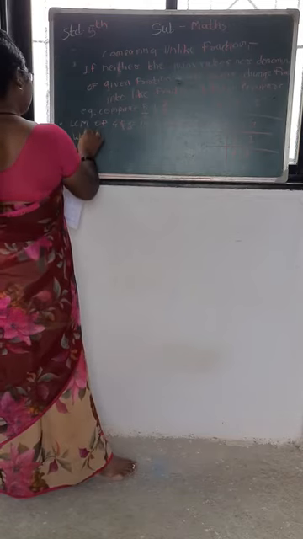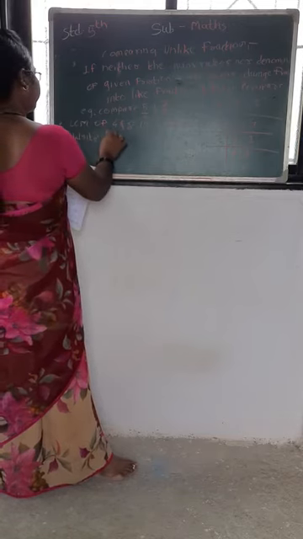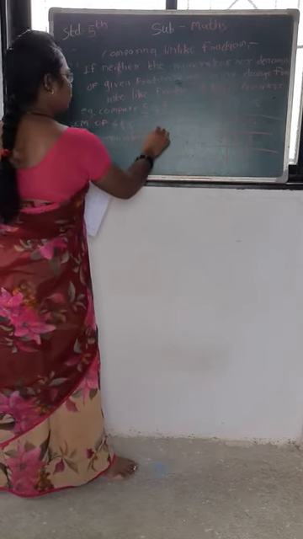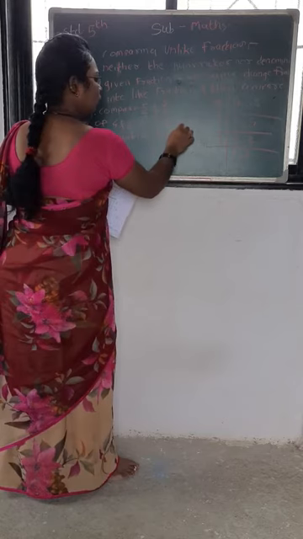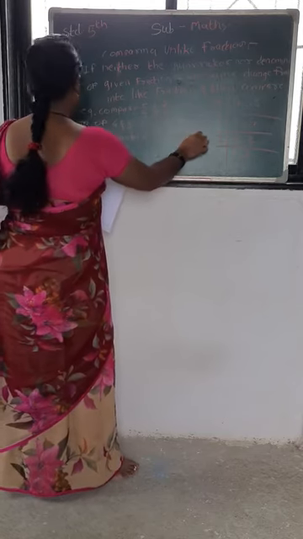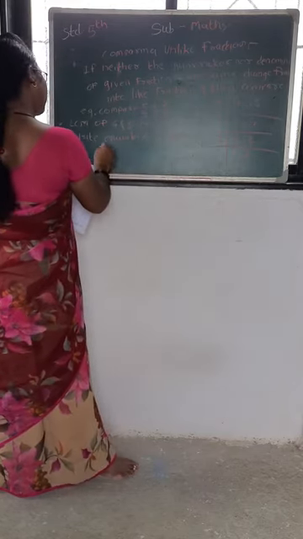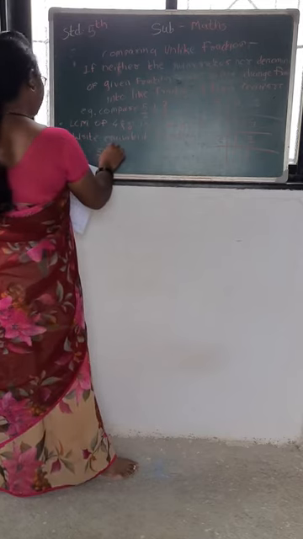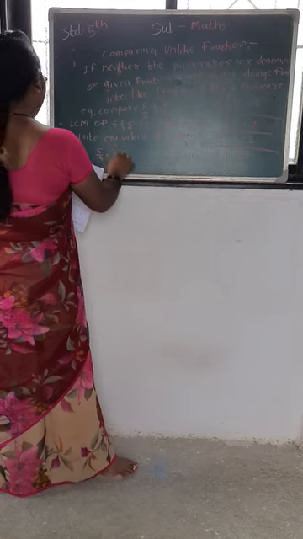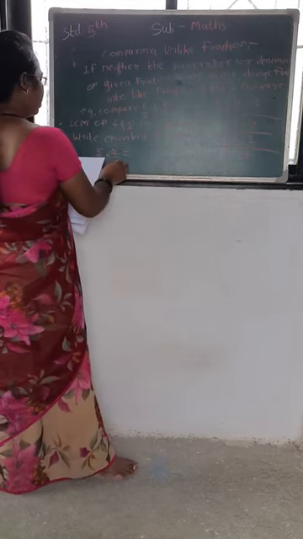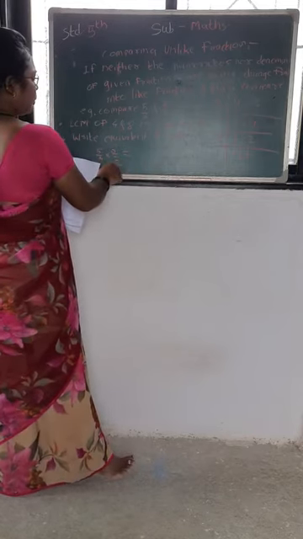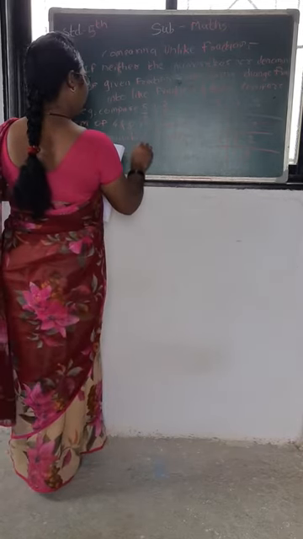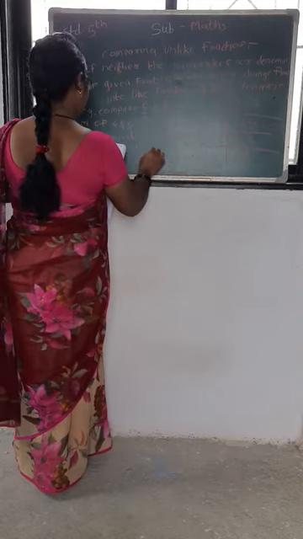Next, the second step is to write equivalent fractions. 5 by 4, multiplying by 2 by 2, is equal to 10 by 8.